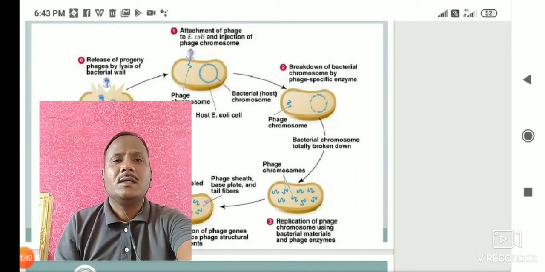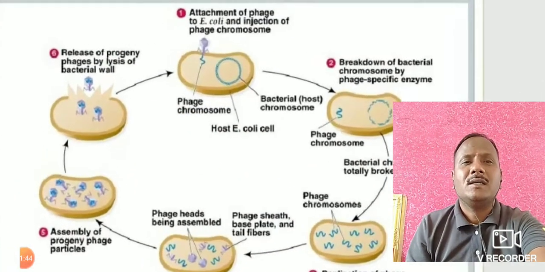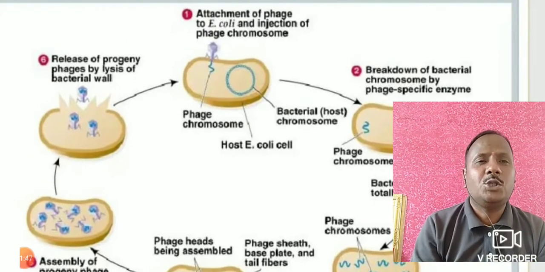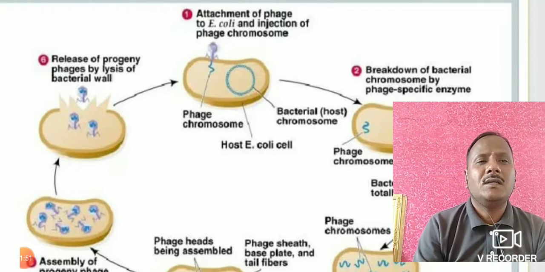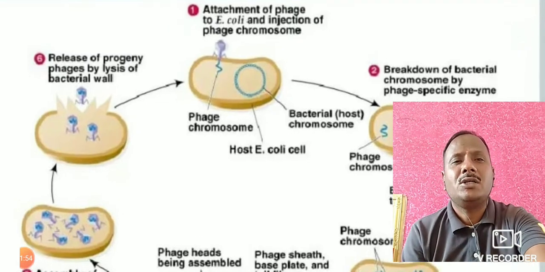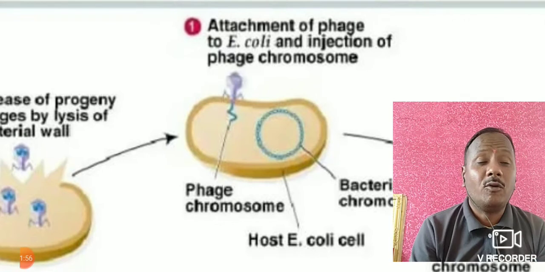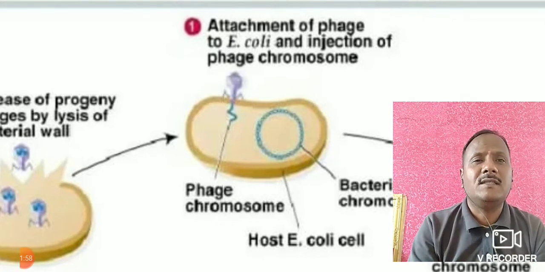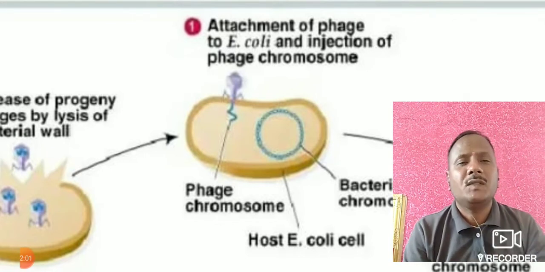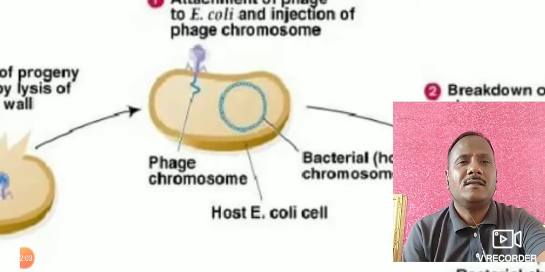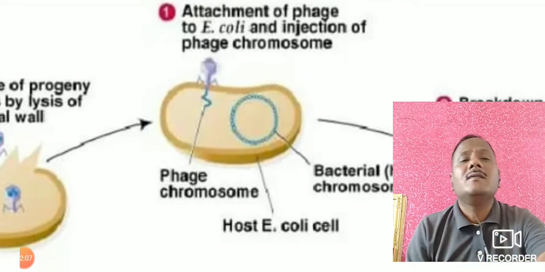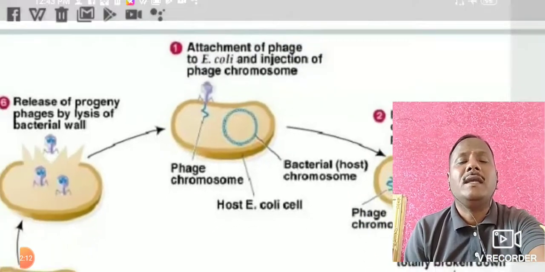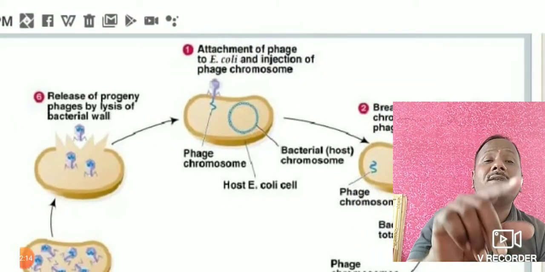So practically they showed their experiment. In that experiment they selected two microorganisms. One is the bacteriophage and second one is the bacteria E. coli. So this is the first phase, where this is the bacteria. Within the bacteria there is the presence of bacterial chromosome.